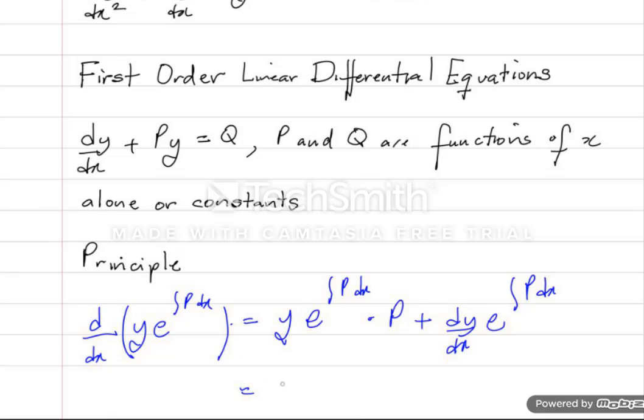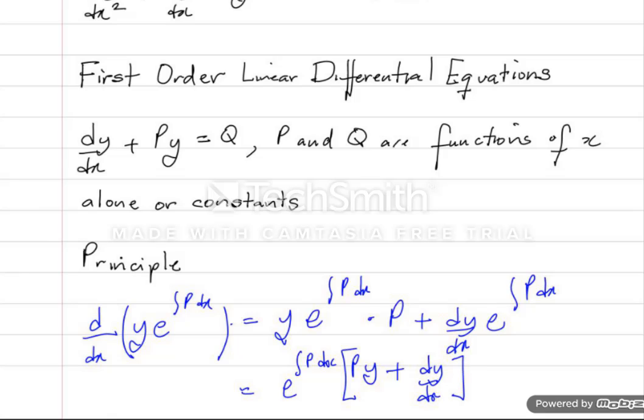If I do that, I end up with e to the integral of p dx, and inside the bracket I'm going to have py, plus dy by dx.